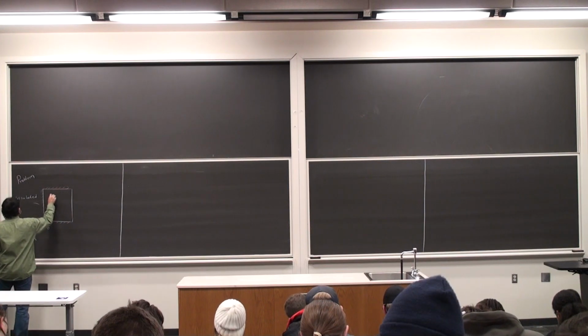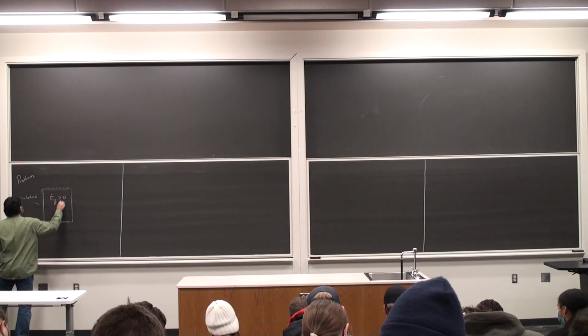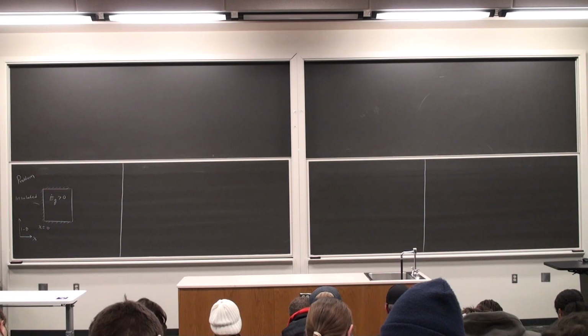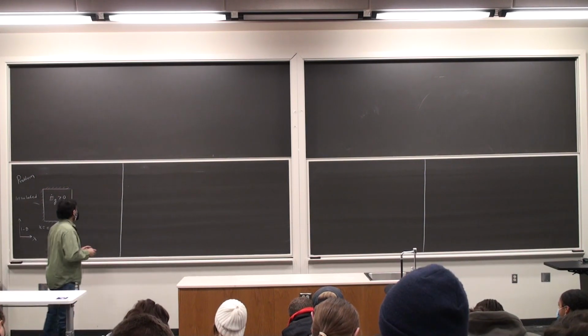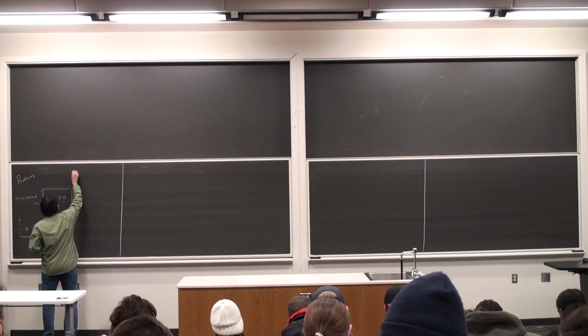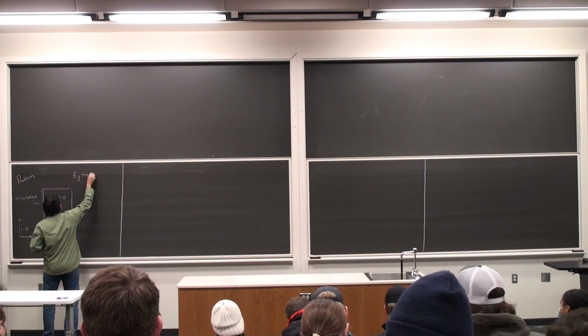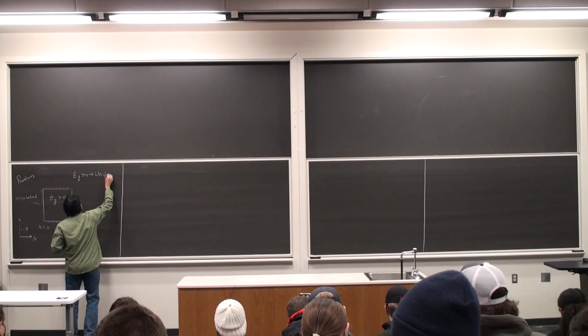So E dot G is greater than 0, and for the sake of simplicity, I'm going to assume that E dot G is constant and uniform throughout the body.